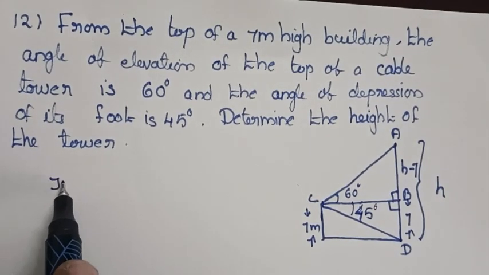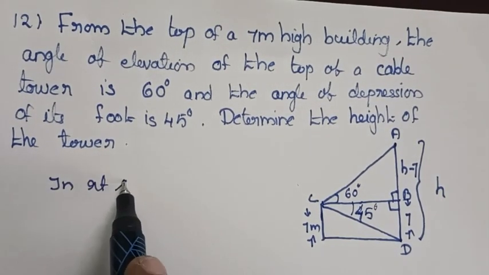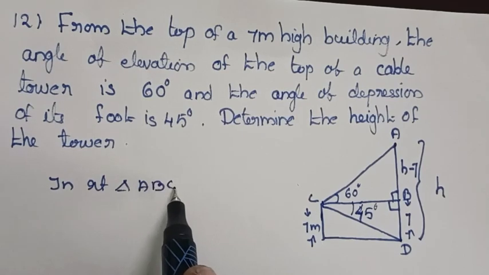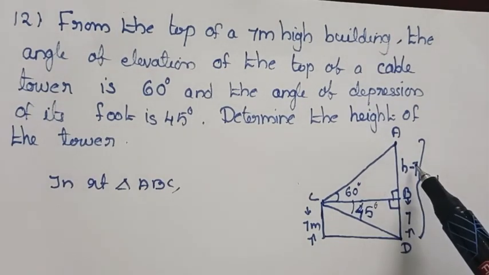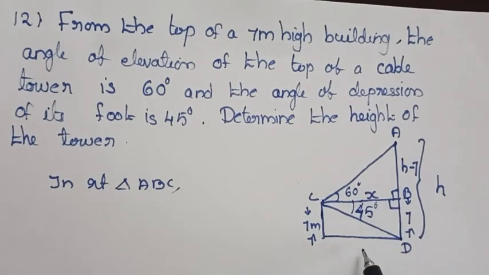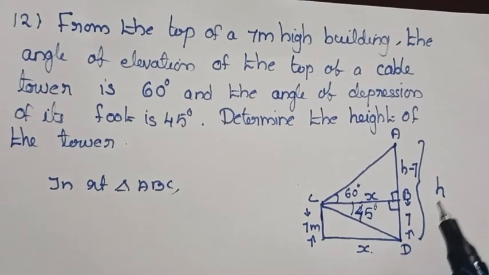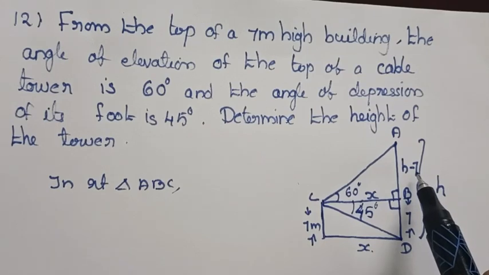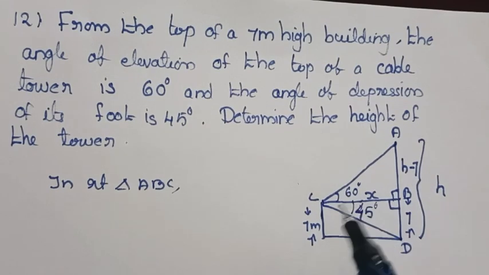So, in right triangle ABC, we can take the adjacent side as x. Opposite side h minus 7 by adjacent side x equal to tan 60.